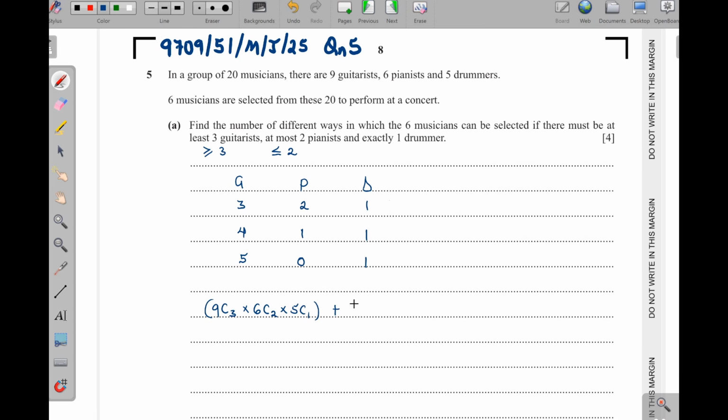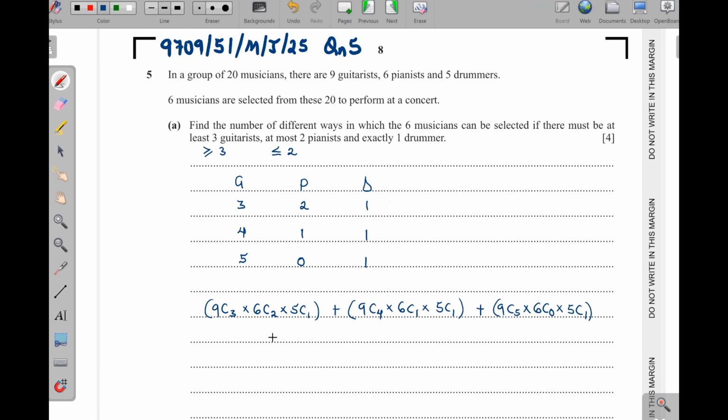Then I go to the next one, we have 9 combination 4, times 6 combination 1, then times 5 combination 1. And then lastly, we have 9 combination 5, then times pianists are 6, then combination 0, and then drummers are 5, then combination 1.